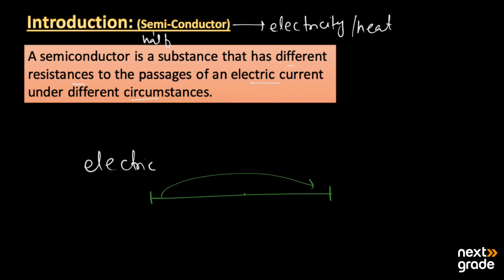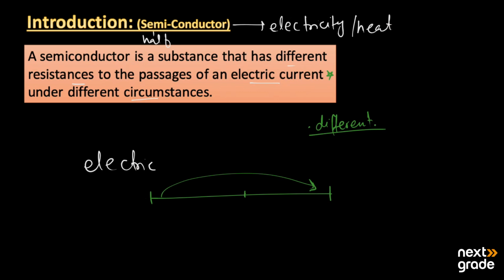Semiconductors have some resistance to the passage of electric current or heat, and in turn they provide a different way for the passage of the current, as the conditions are different.